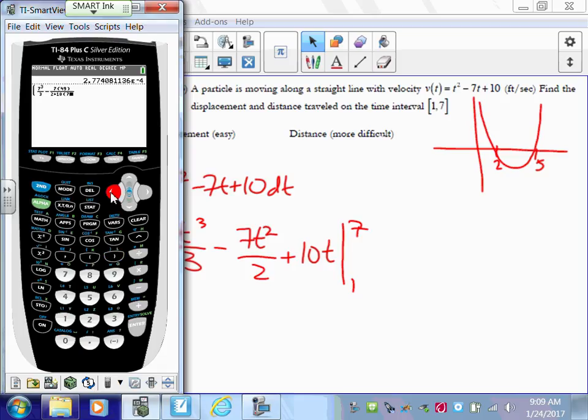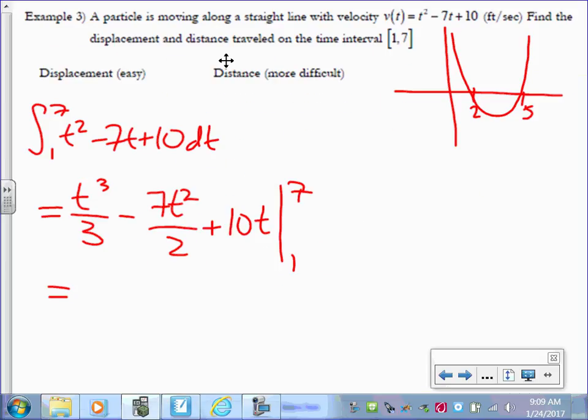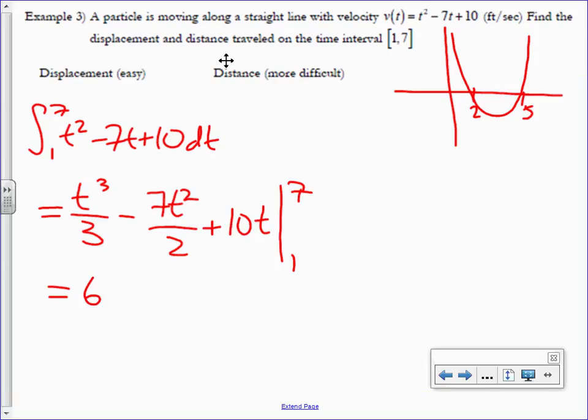No one's judging. I'm just going to double check, but that's what I got originally. Here we go. We believe it. You're supposed to get 6 for displacement. Okay, I mean, it worked.